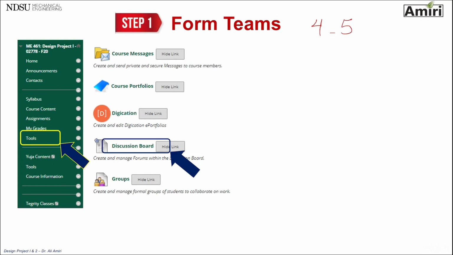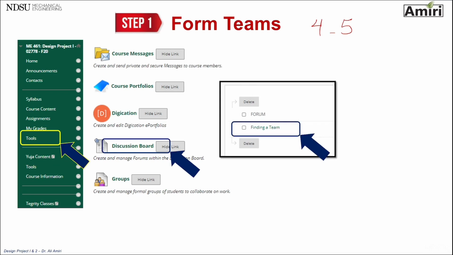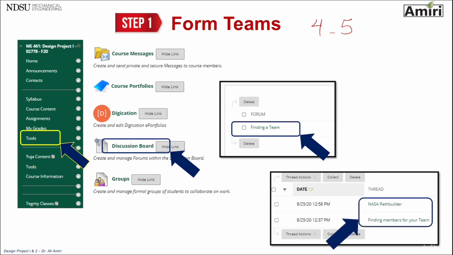But if you don't have a team, or if you are still looking for someone, or if you're looking for a team to join, I have created a discussion thread on Blackboard. If you go to Tools and click on Discussion Board, you should see something like this that says Finding a Team. Under there are 2 threads that you can join. The first link is NASA Path Builder. So there are 2 projects.